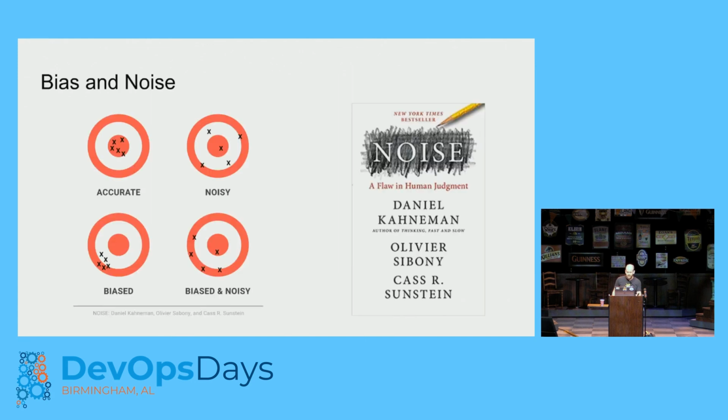So that brings up another point. What you see here is examples from a very good book by Daniel Kahneman called Noise. On the left top corner, the shooter is accurate. Okay, it's perfect, it's all there. Left bottom is biased. But biases are things that we can at least understand. For example, I know that I have loss aversion bias.